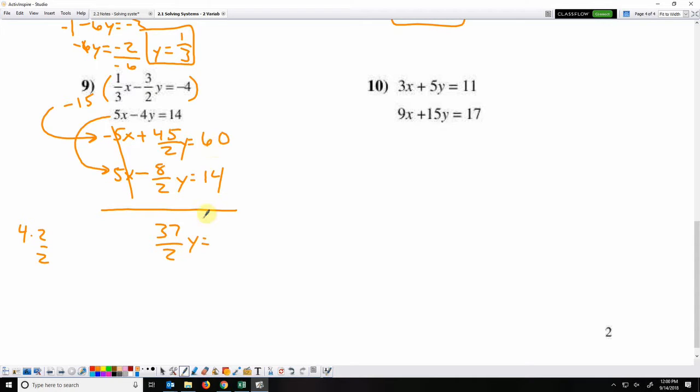And 60 plus 14 is 74. Then to eliminate this, I need to multiply by the reciprocal, 2 over 37. 37 happens to go into 74 2 times, so I'm really doing 2 times 2, which is 4. So my value of y is 4.